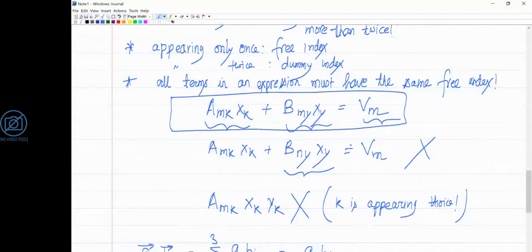Sometimes you can have an expression having more than one free index. Then you have the flexibility. But for now, let us just assume that there is only one free index, and then it has to appear in each of the terms, okay? And it has to be the same free index. Okay, sir. Thank you. Yes.